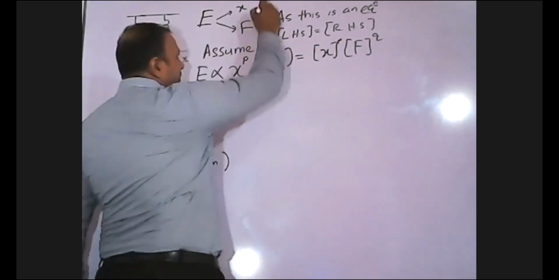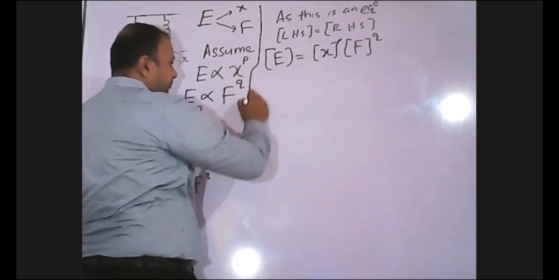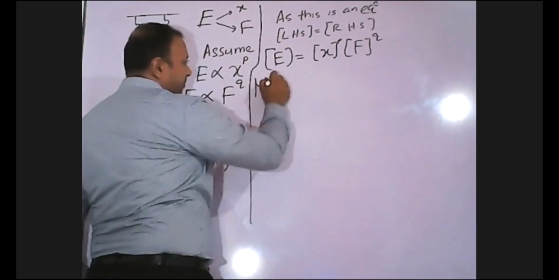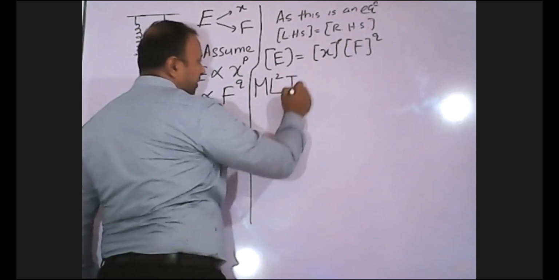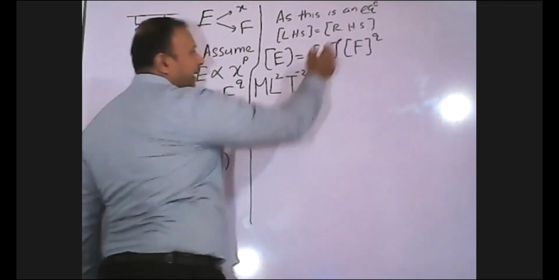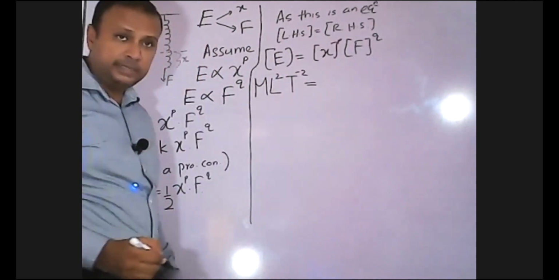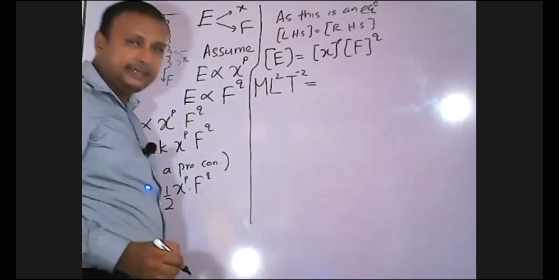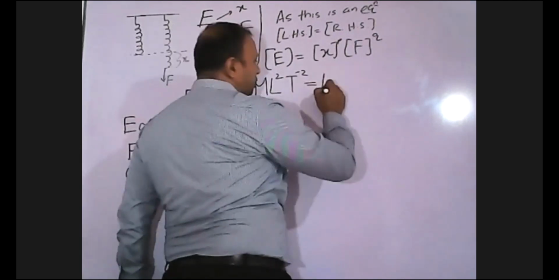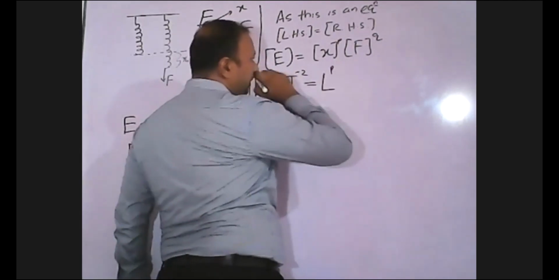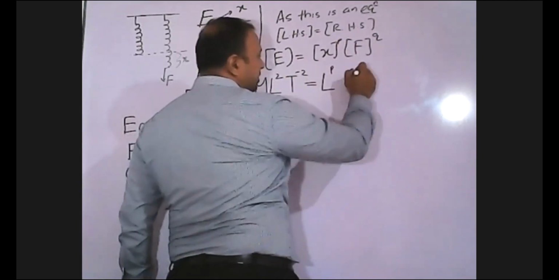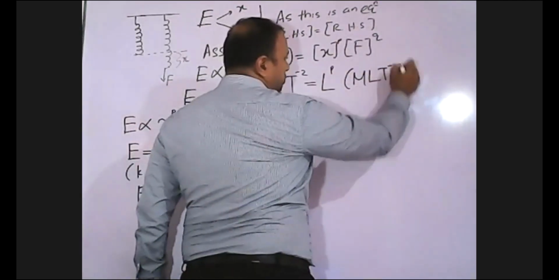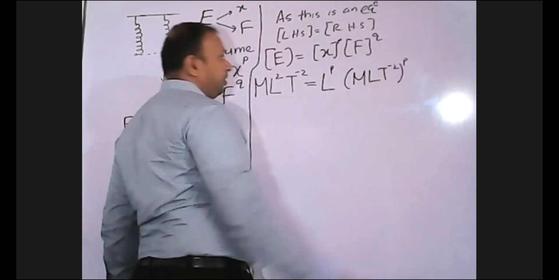Dimension of E is energy, so dimension of E is ML^2T^-2. X is the elongated length, which is a length, so L to the power p. F is a force, so the dimension of force is MLT^-2 to the power q.